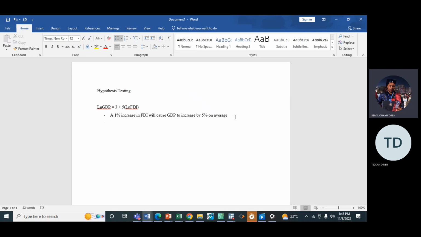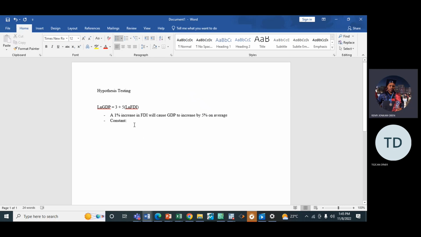To interpret this constant, the constant is telling us what the average value of the dependent variable will be if the independent variables are eliminated. That is, if we don't consider the effects of the independent variables.